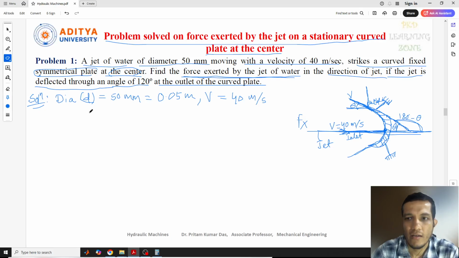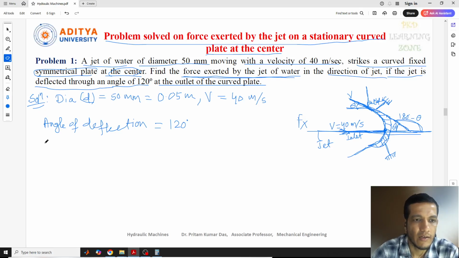The jet strikes the curved plate symmetrically at the center, and the angle of deflection is given as 120 degree. Find the force exerted.